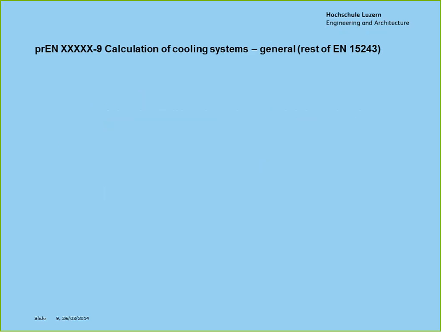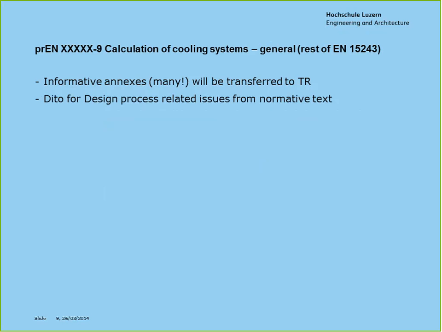We had this EN 15243, which was a pretty heavy document, the existing one, with many informative annexes, and according to the new rule, we will transfer this information to the technical report.